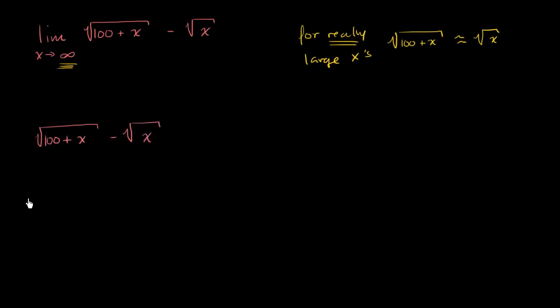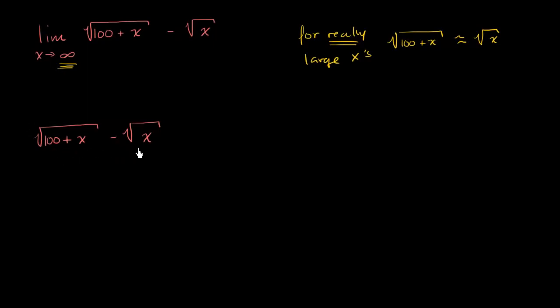One thing that might jump out at you whenever you see one radical minus another radical like this is, well, maybe we can multiply by its conjugate and somehow get rid of the radicals, or at least transform the expression in some way that might be a little bit more useful when we try to find the limit as x approaches infinity.